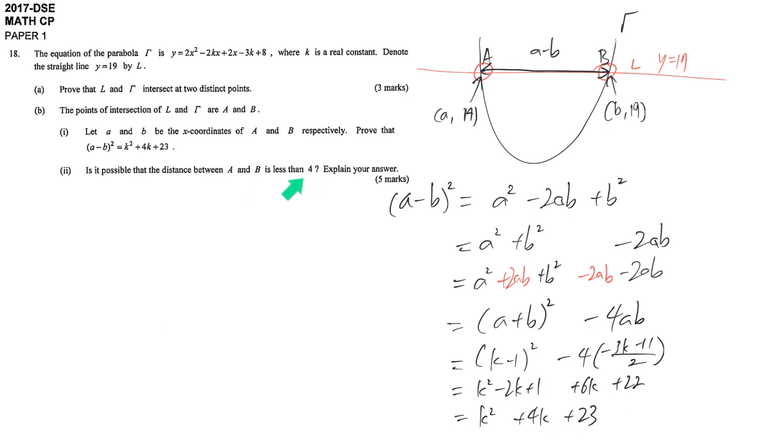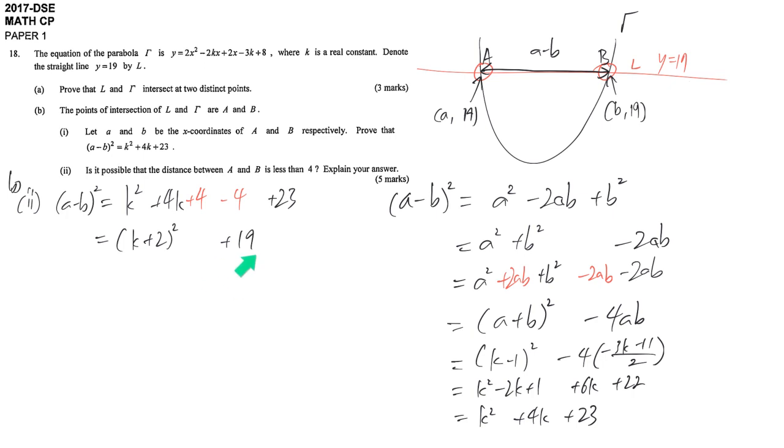So we are asking about the minimum. (Alpha minus beta) squared is equal to k squared plus 4k plus 23. We just perform completing the square once again. So it's exactly the same calculation just now. Anyway, so plus 19.